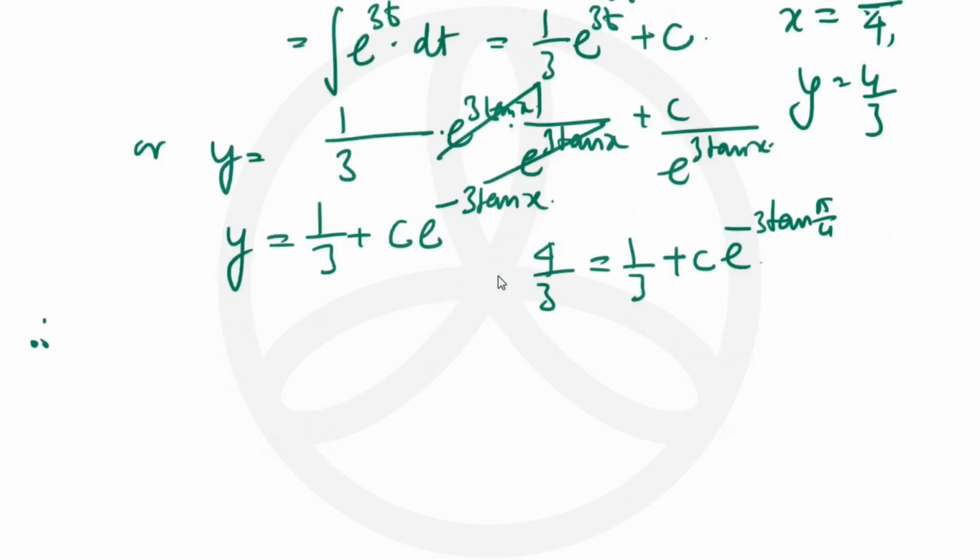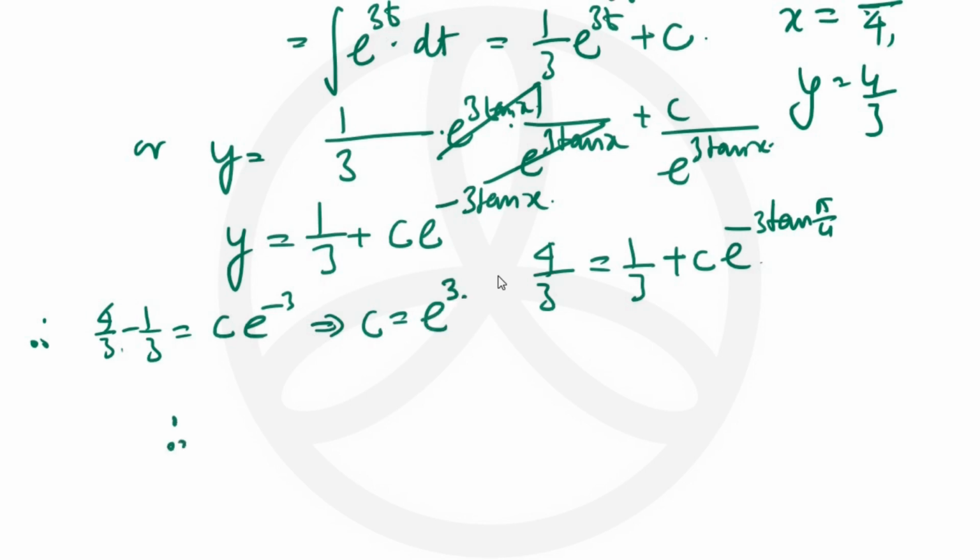Therefore, this will become 4 over 3 minus 1 over 3 equals c e to the power minus 3. C is equal to 3 over 3, which is 1, and if we take this to the other side, this minus will become positive, so c is e to the power 3.